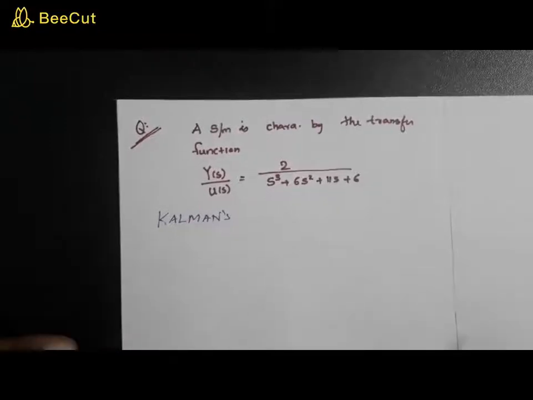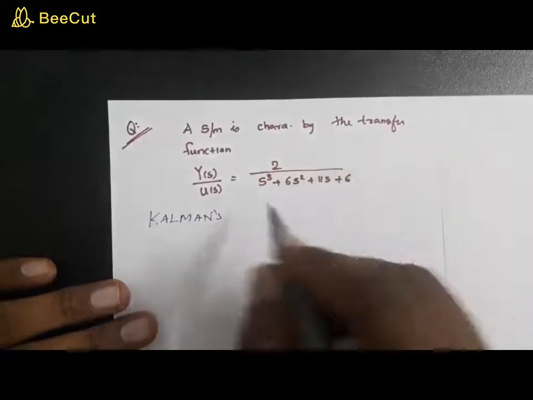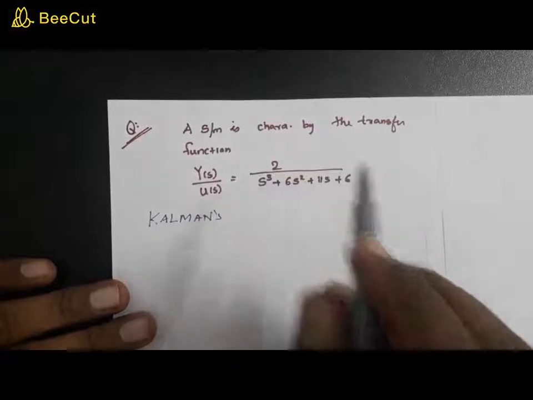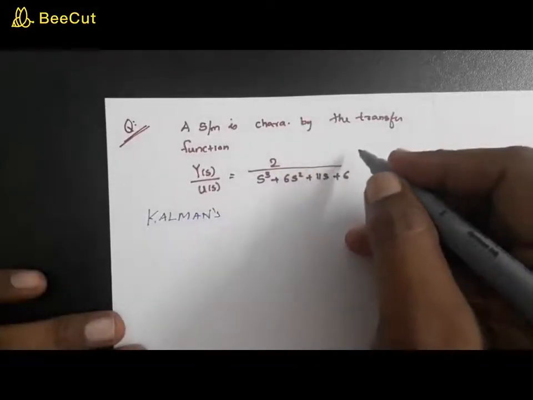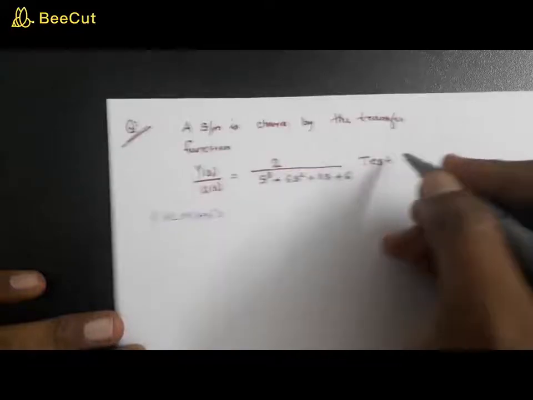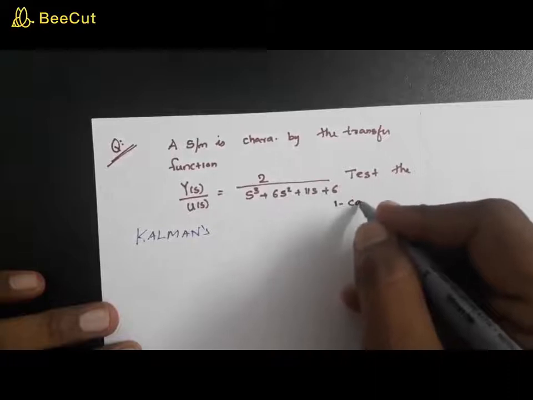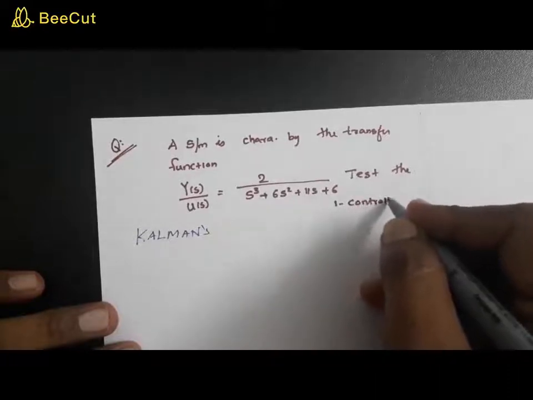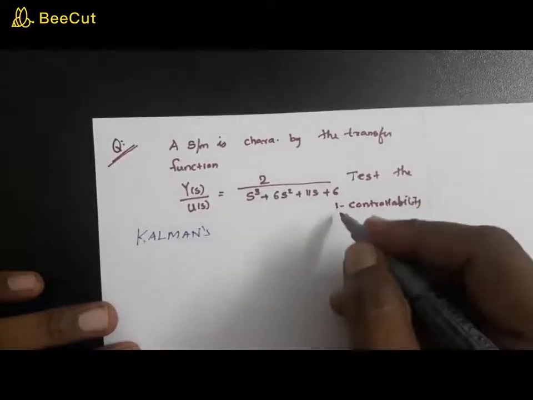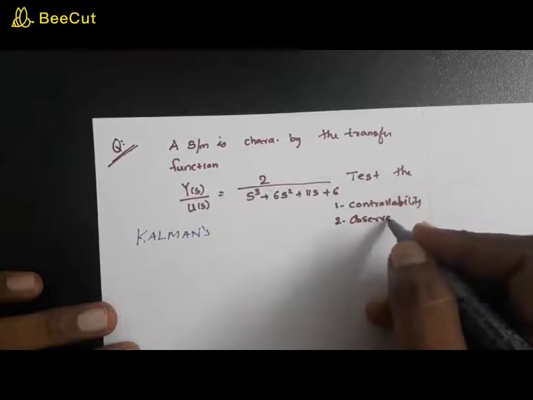So here is a system characterized by the transfer function Y(s) by U(s) equal to 2 by s cubed plus 6s squared plus 11s plus 6, and the question is to test the controllability and observability.